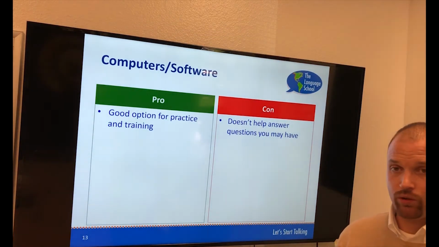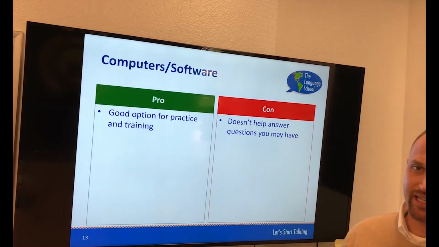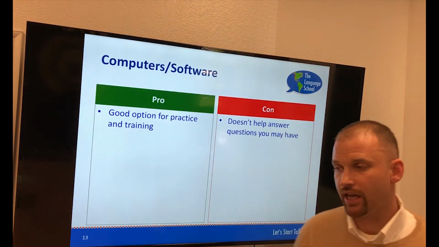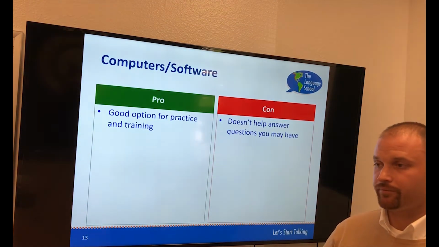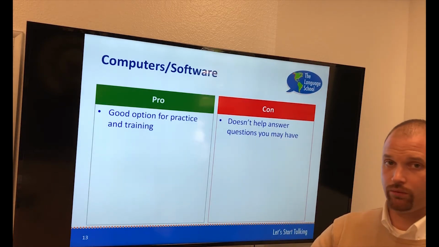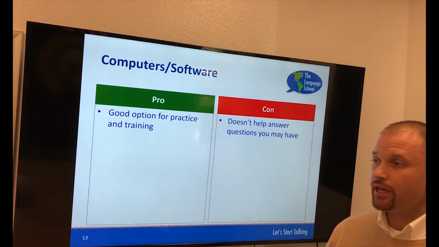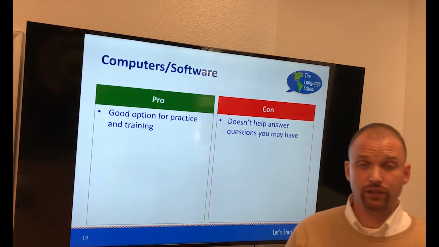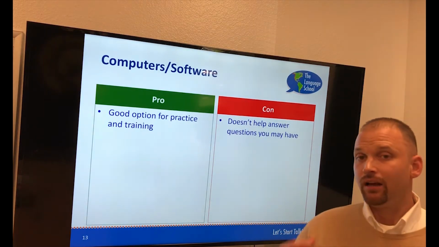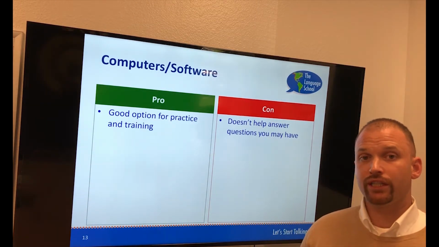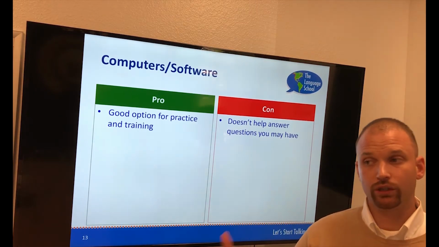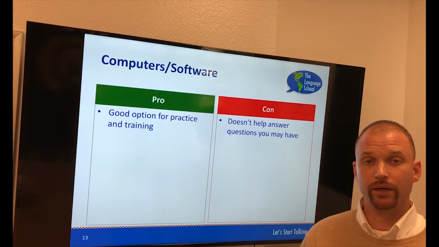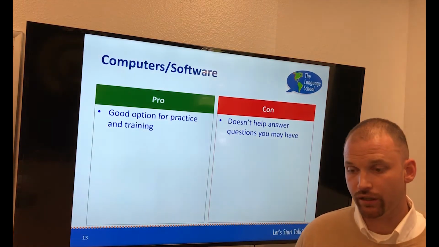Inevitably, you're going to have questions, and this is where kind of the downside of computers and applications come in. Learning how to speak a language directly means communicating with somebody. You're just never going to have a real conversation with a computer. Furthermore, you're going to have questions and you're not going to be able to ask Rosetta Stone or Duolingo or whatever software program you're using a question.